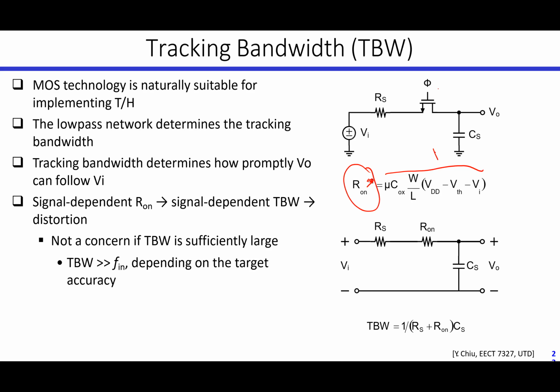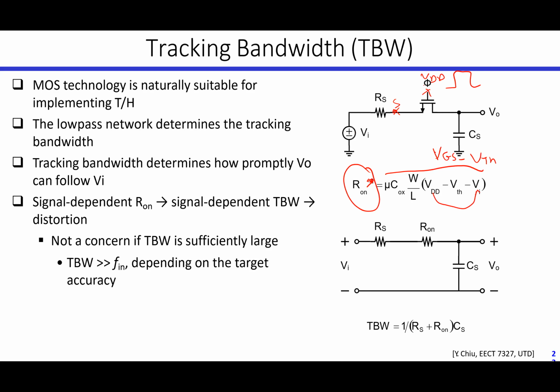It depends on the VGS of the switch, or the overdrive voltage, which is VGS minus V threshold. Here, VDD is the value of the clock on the gate of the switch when it is high, and this is the V input voltage.